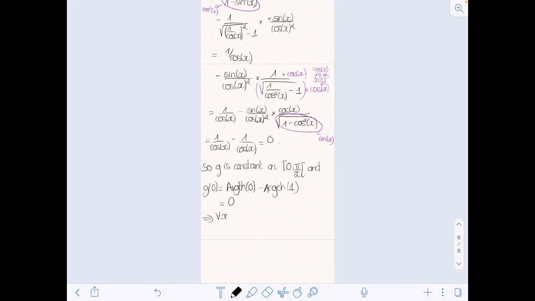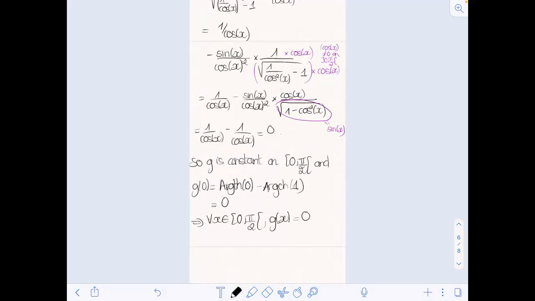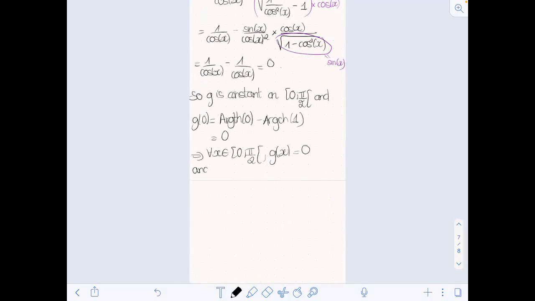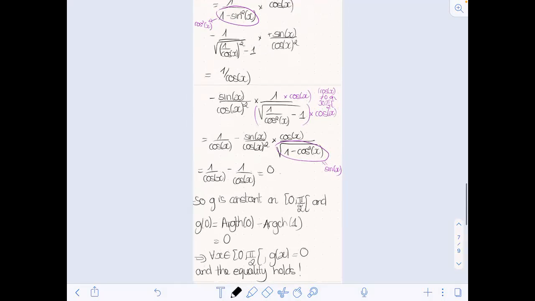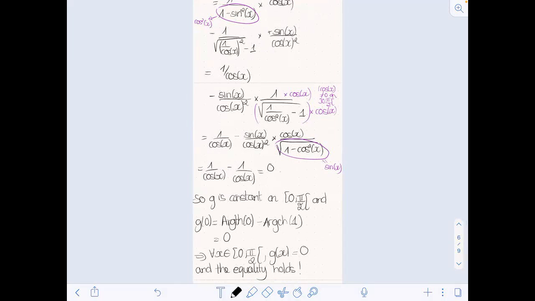So for any x on 0 pi over 2, g of x is equal to 0. And if you look at the equality you wanted to prove, you get that the equality holds. So that proves the final equality in the final question of that exercise.